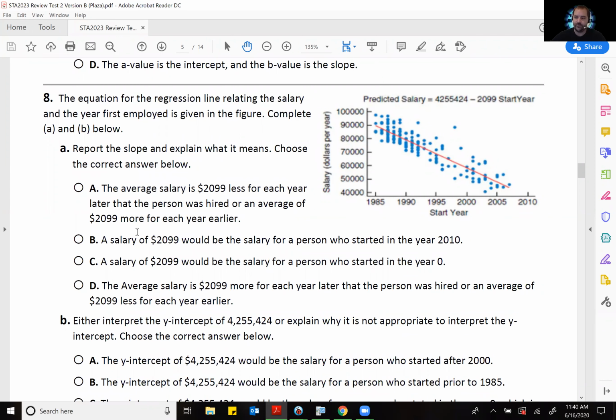So it definitely meets part A. The average salary is $2,099 less for each year later that the person was hired, or an average of $2,099 more for each year earlier.